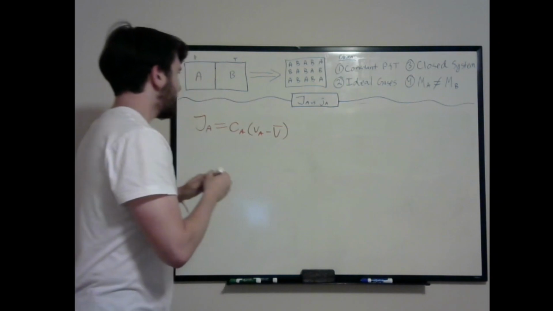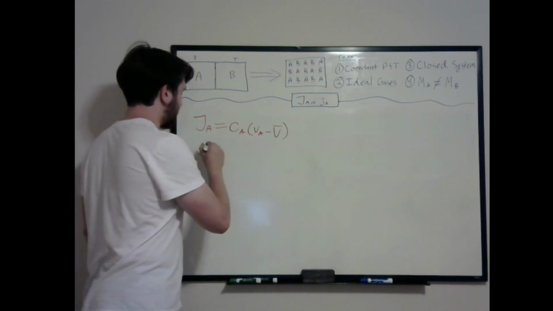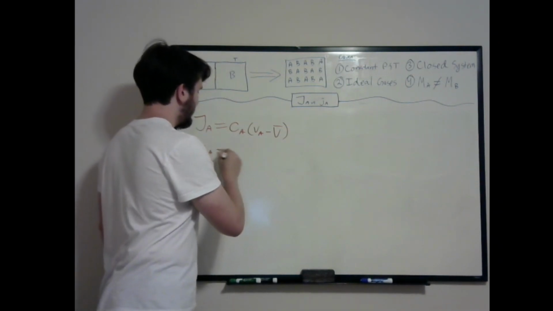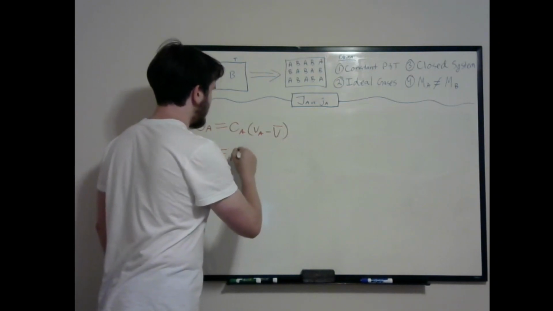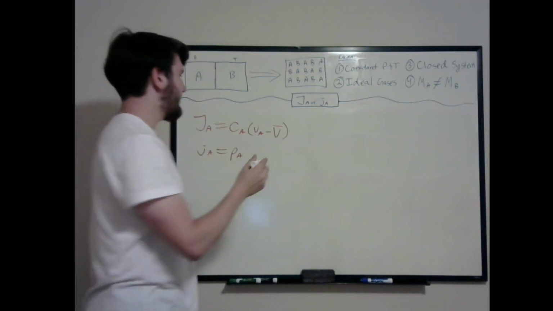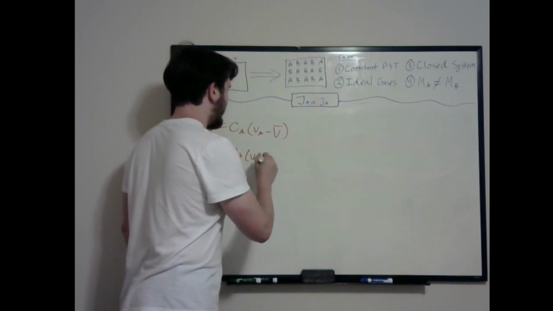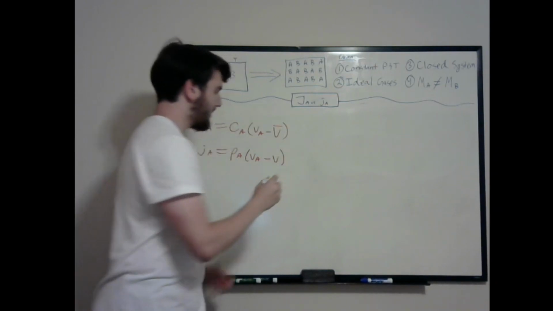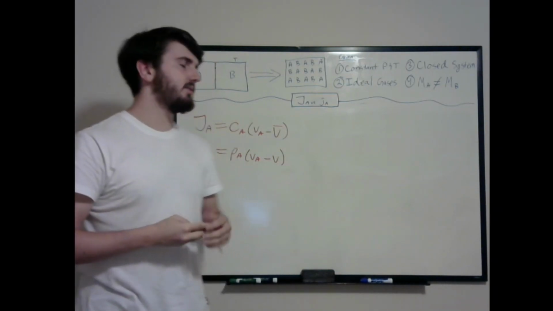So, next we have the mass diffusive flux of A, which is equal to the mass concentration of A times the velocity of A minus the total mass average velocity.